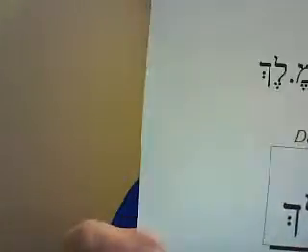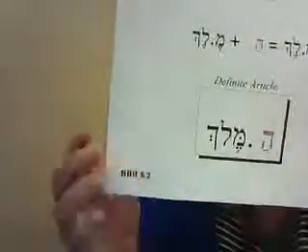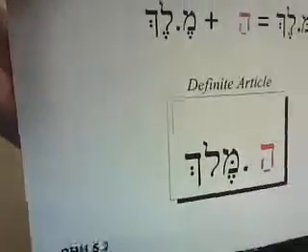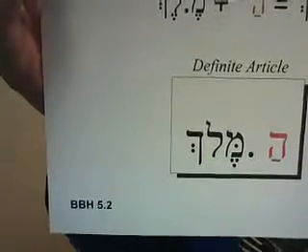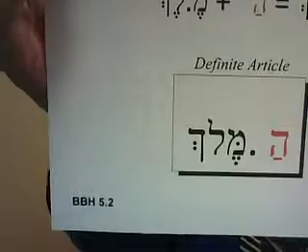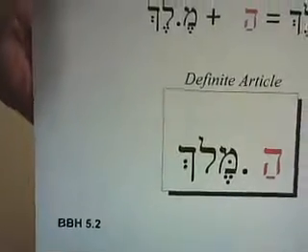Now here you can see in this word, it's the word for king, melech. You have the hey, the patha, then you have the mem with the dagesh forte. So you've got your hey, patha, dagesh forte right there in the word Hamelech, and it would be translated as the king.